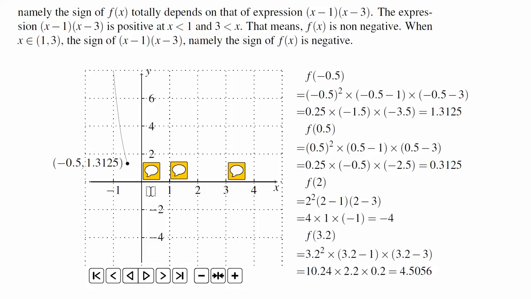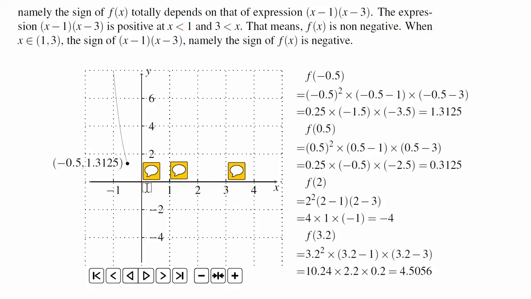Less than 0, on the left, is the first part. Between 0 and 1 is the second. Between 1 and 3 is the third, and greater than 3 is the fourth part.